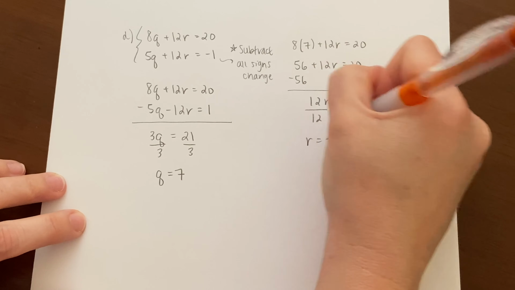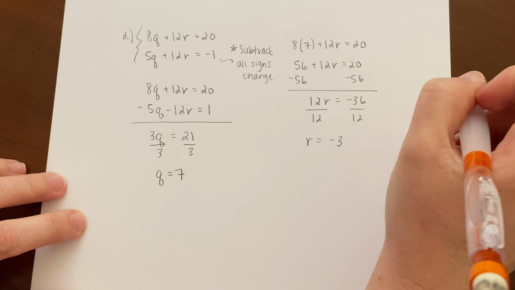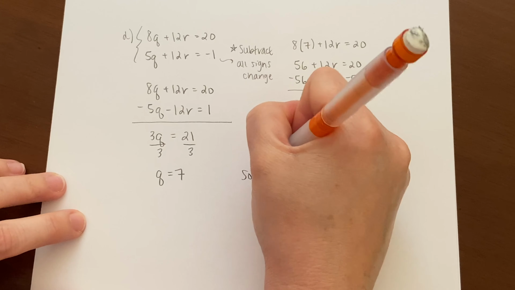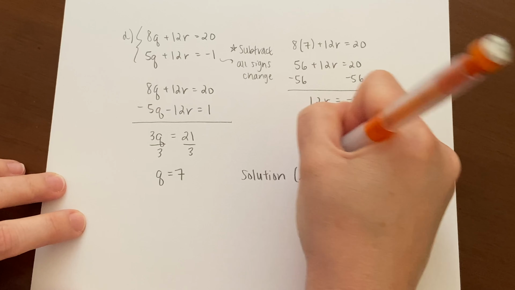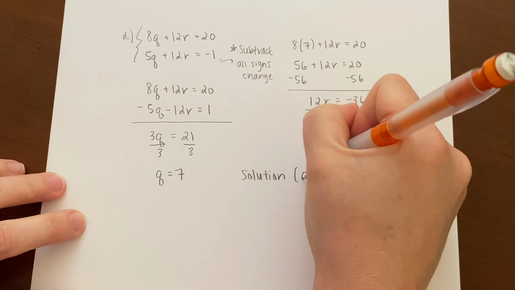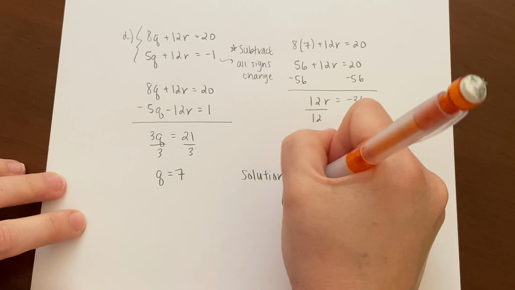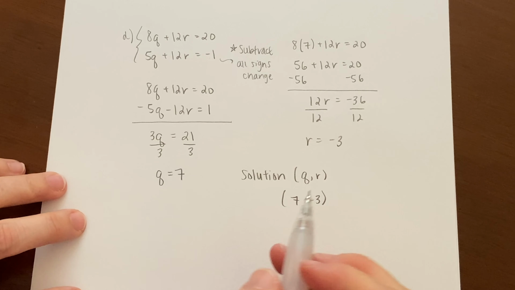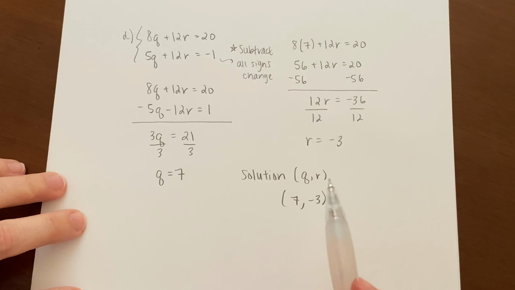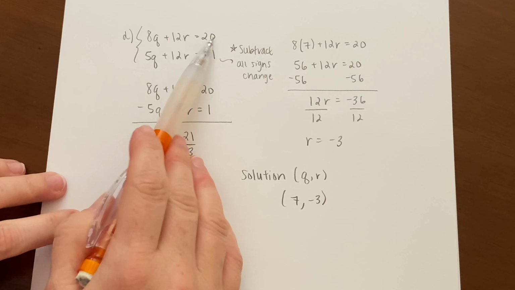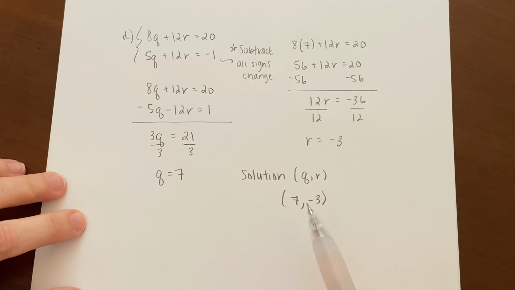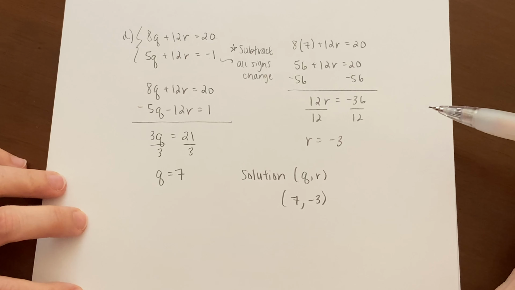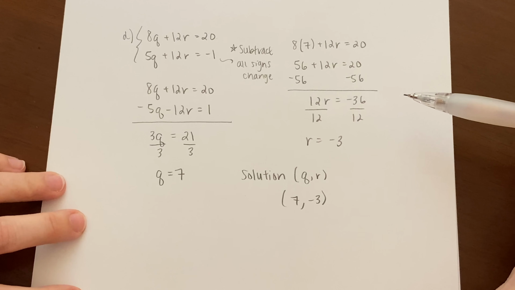Divide by 12, and r equals -3. So again, if you're not using x and y, you want to do alphabetical order. So we would have q and then r. So 7, -3. Again, you could check it by going back to the original. It has to be true in the first equation and the second equation in order for it to be a solution. So now we've looked at 3 different ways to solve systems of equations.